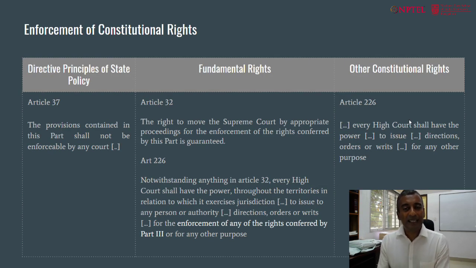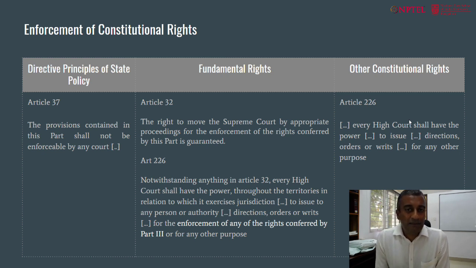What we must realize is that the way the wide array of rights and principles are enforced in the Constitution varies significantly between Part 3 and Part 4 of the Constitution, as well as Article 226, which details the role of the High Courts. So let me just start with Article 37, of which we have read various parts in this lecture so far.